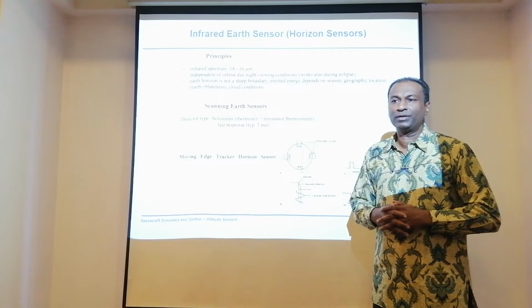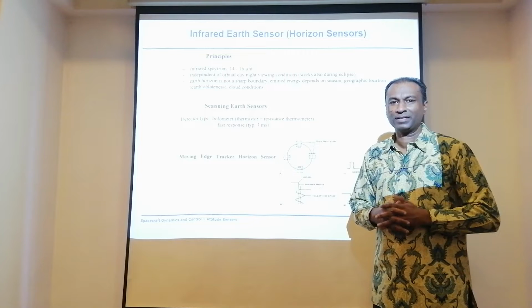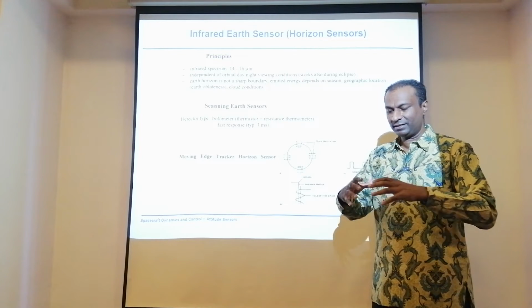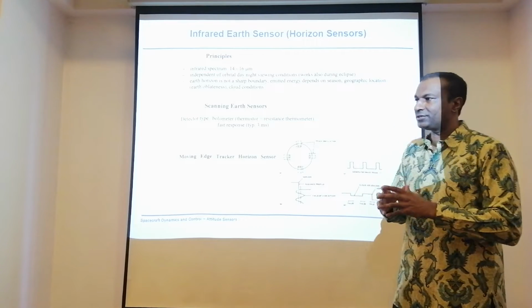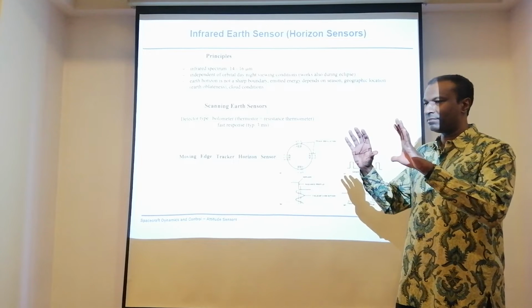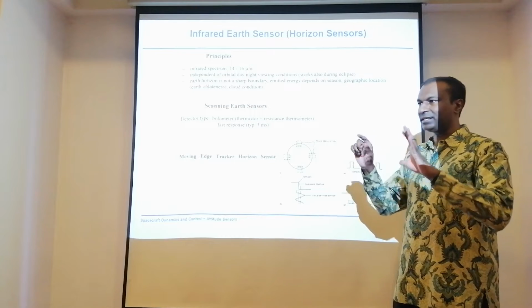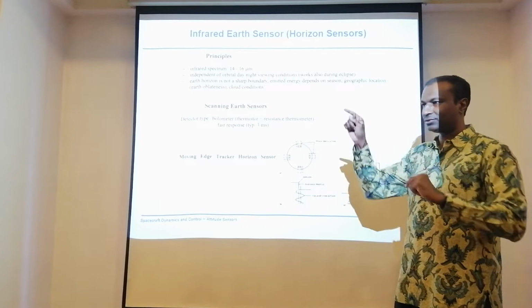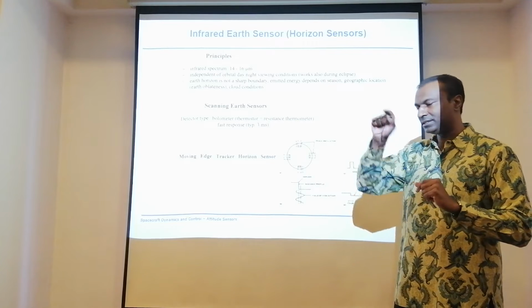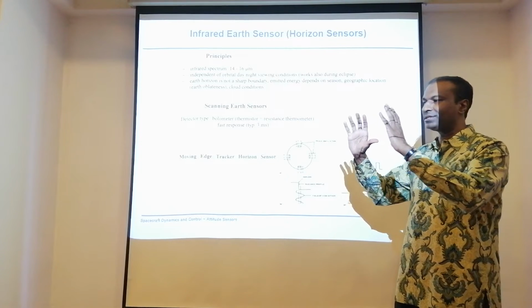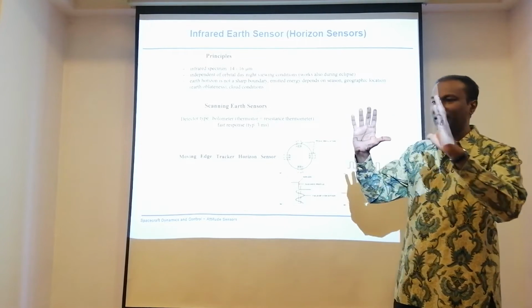So when you have this particular sensor, you should be able to look exactly at the horizon. How this works is simple. Imagine that you're looking at planet Earth from one spot. Technically speaking, 2D, so you will have a round or circular shape, and how this circular shape is going to move left and right.